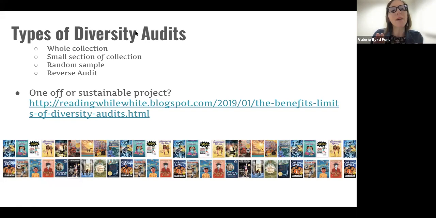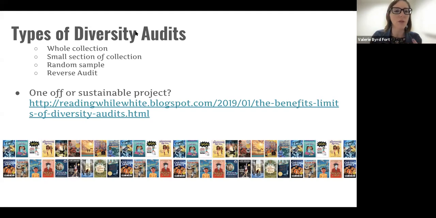You can do a small section of your collection. So maybe you want to focus only on fiction, or maybe you just want to focus on your realistic fiction. Maybe you do a random sample and you do a content analysis in that way. Or you can do a reverse audit. What I mean when I say reverse audit is, let's say you want to look at the Stonewall Book Awards, for example.